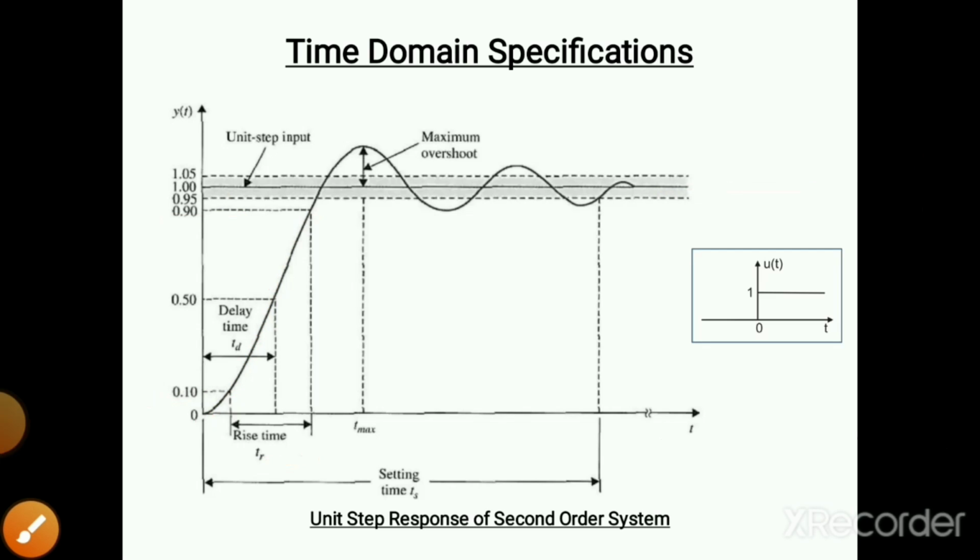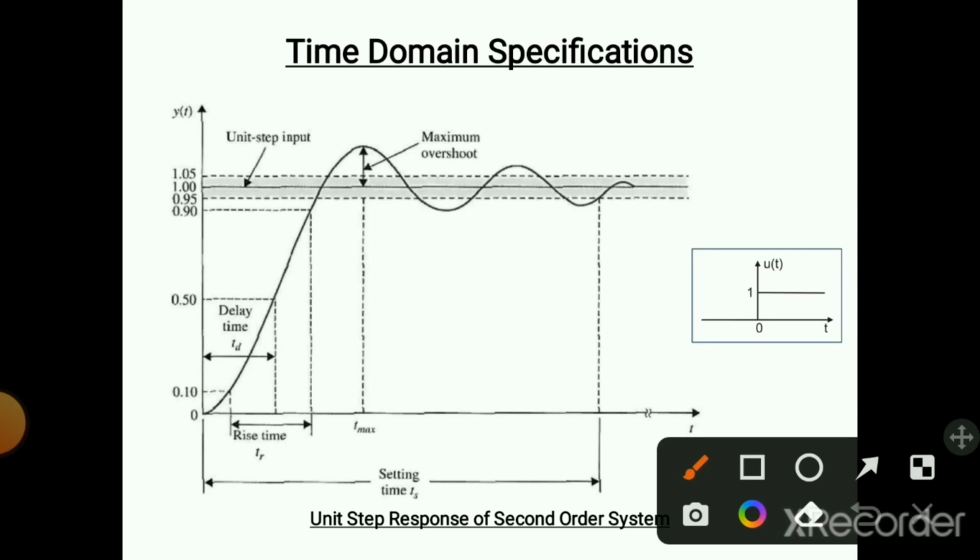Similarly, delay time is shown here. From 0% to 50% of the output response, whatever time is taken is called delay time. Settling time is shown at the bottom side. From 0 to 95%, whatever time is required to settle the output response is called settling time.